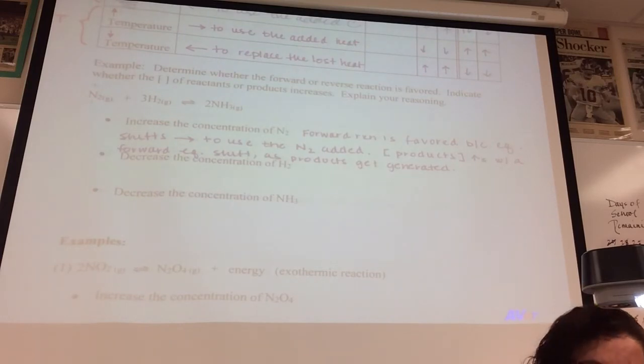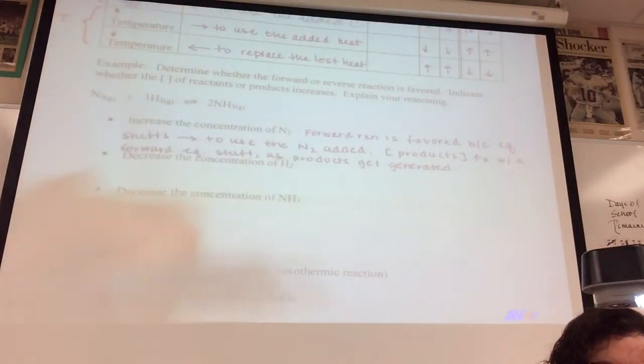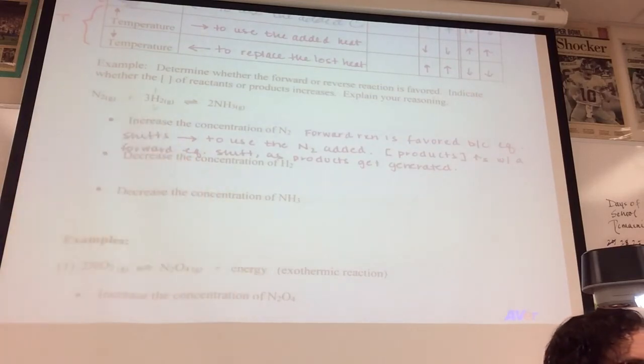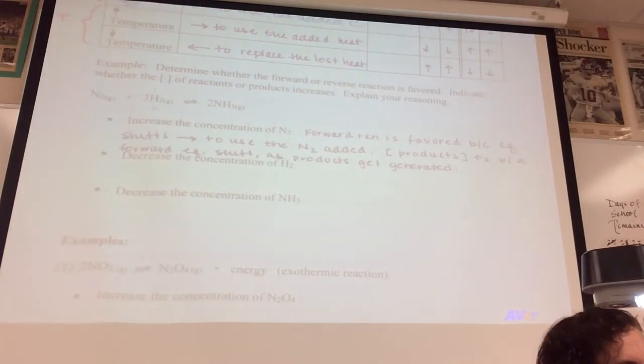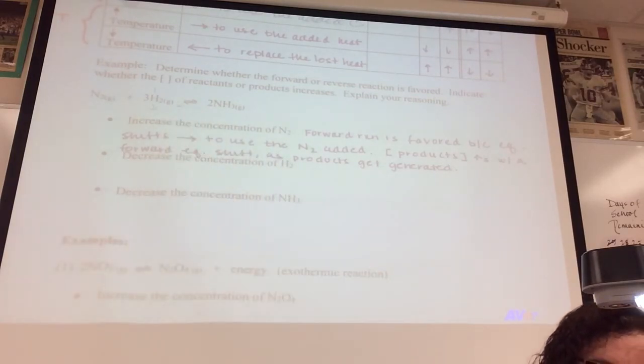In the next one, we want to decrease the concentration of hydrogen gas. Again, feed it in. When you decrease, do you shift away from the entity or toward it? Toward it. So equilibrium shifts in the reverse direction.